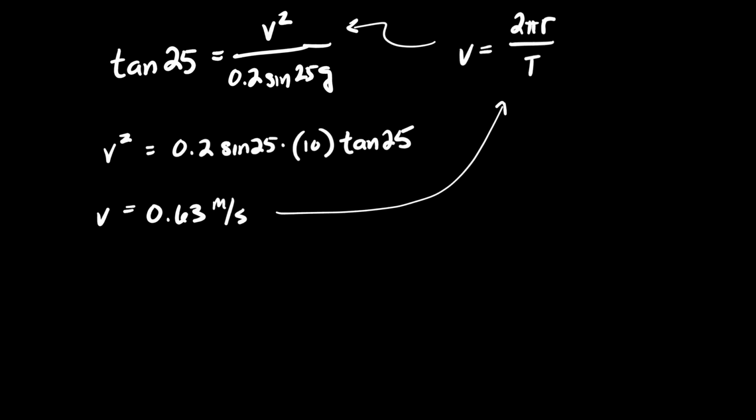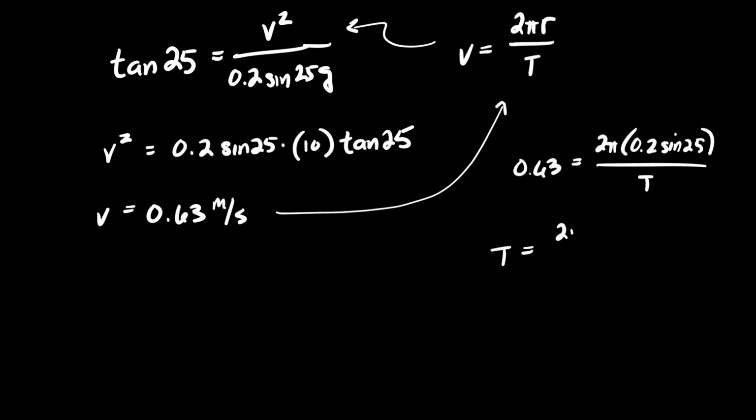I got to do some substitution over here. So 0.63 equals 2 pi times 0.2 sine 25, because that's r again, all over t. So I'm just going to cross multiply to get t by itself. So t equals 2 pi times 0.2 sine 25 over 0.63.